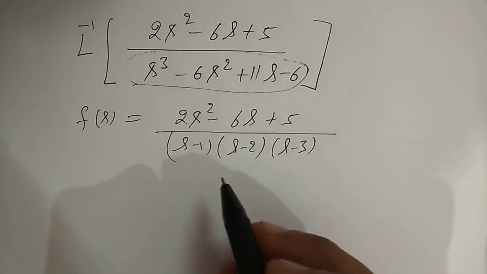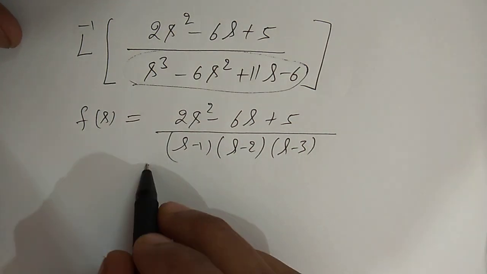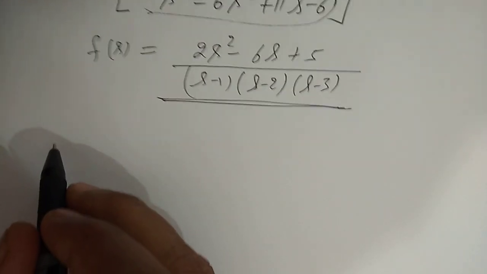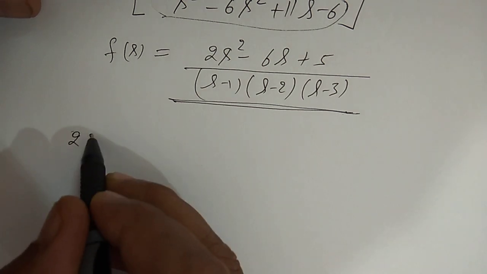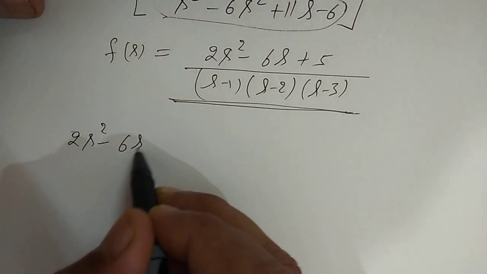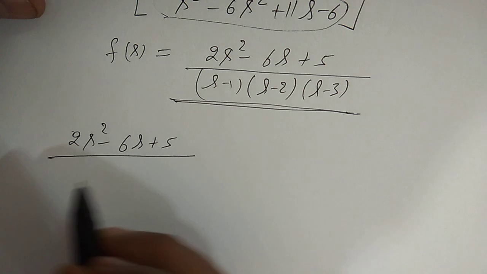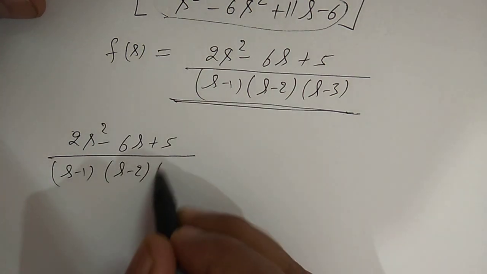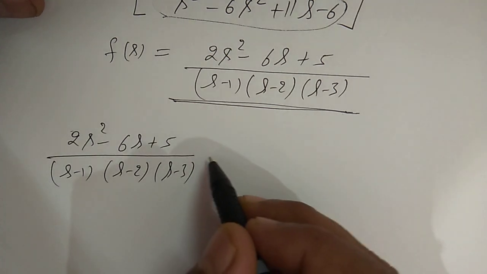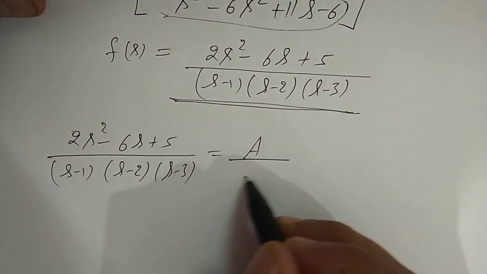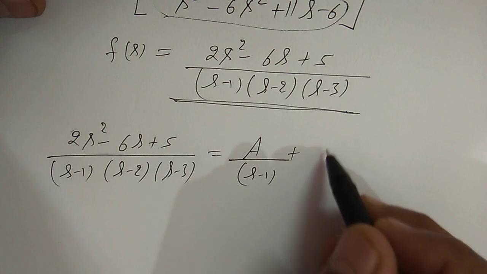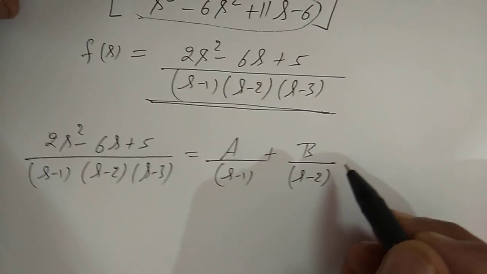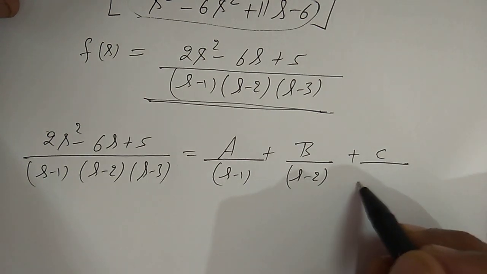Now we will try to make the partial fraction of this F of s. So we can write 2s square minus 6s plus 5 divided by s minus 1, s minus 2, s minus 3 equal to A upon s minus 1 plus B upon s minus 2 plus C upon s minus 3.